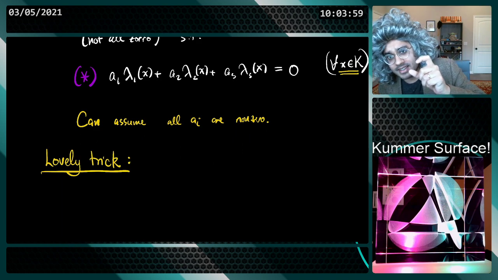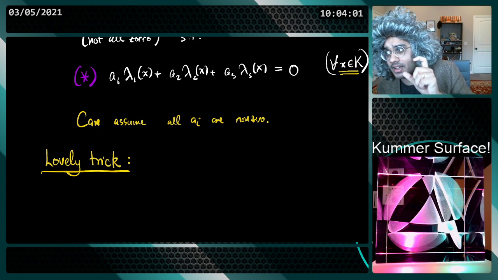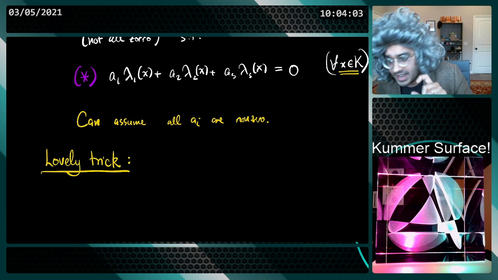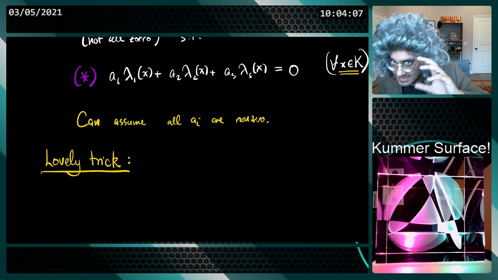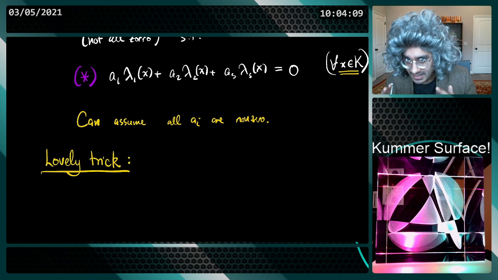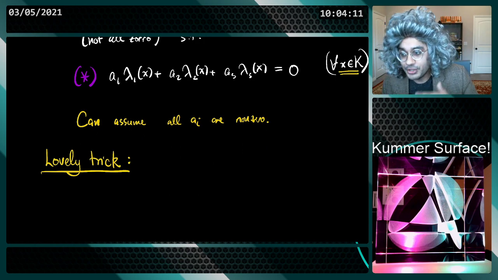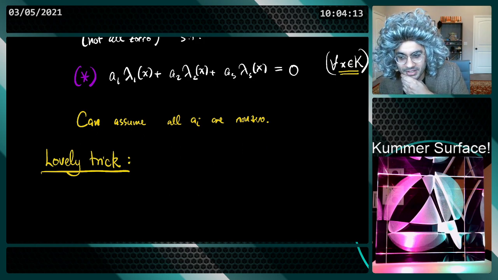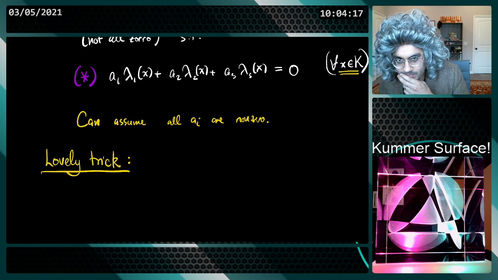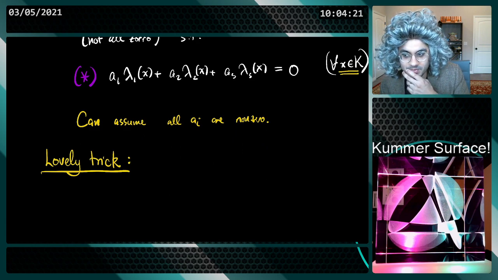It's almost like linear independence of eigenvectors for different eigenvalues. It's in the same line of trick as that. Okay, you can also probably use a Vandermonde determinant for it. I think I see what you're saying. Yeah, you probably could do it like that too.